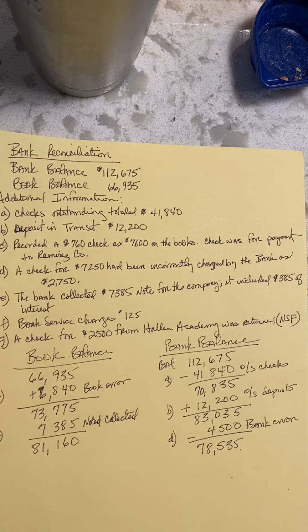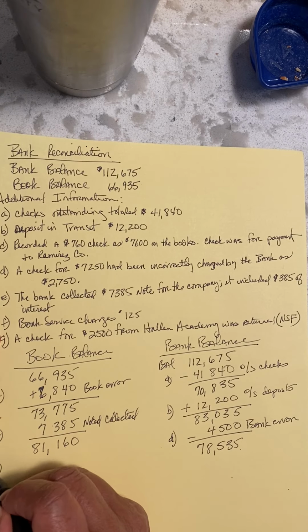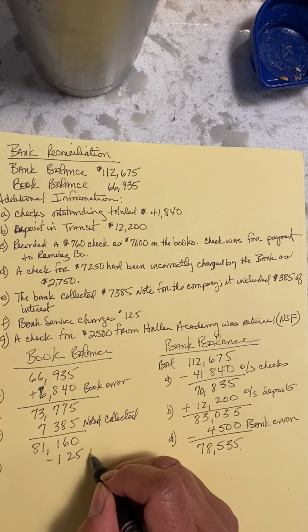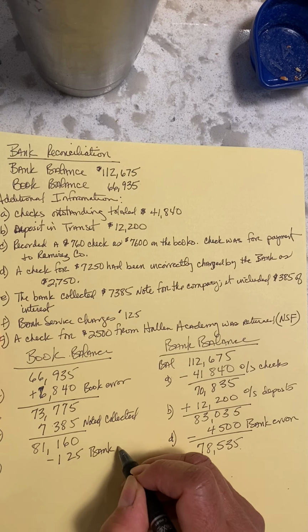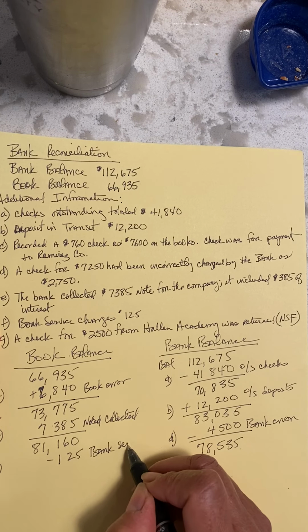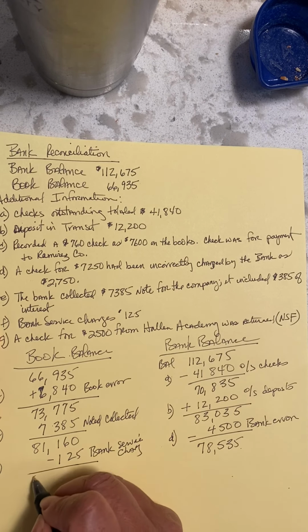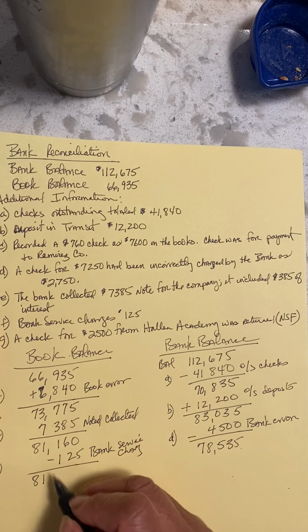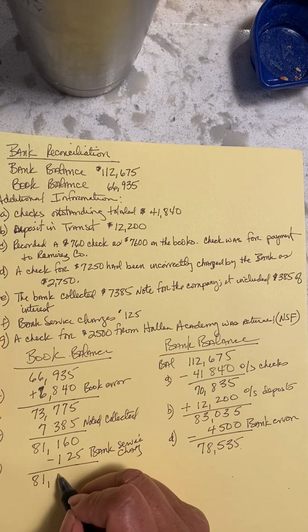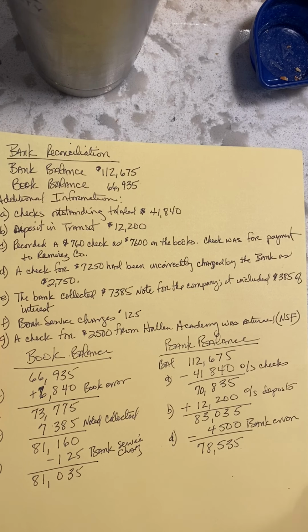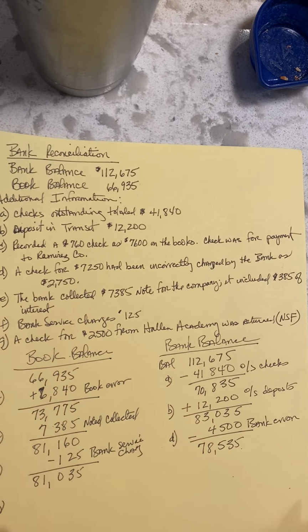All right, and then letter F, bank service charge. We are charged $125, so I'm going to subtract. This is bank service charge. So we have 81,035, and then we have letter G, and that was an NSF check for $2,500.